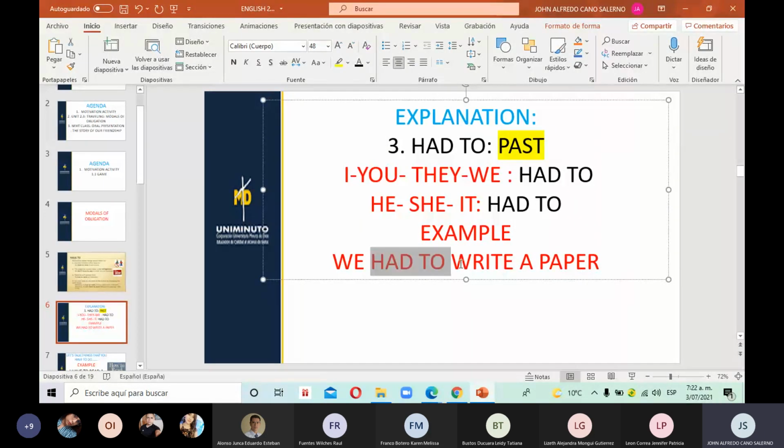Had to write, okay? Or maybe he had to paint. He had to paint a car. It's like él tuvo que pintar un carro. In past.